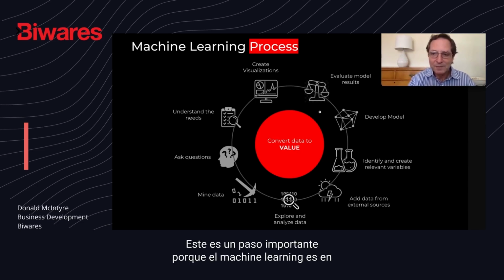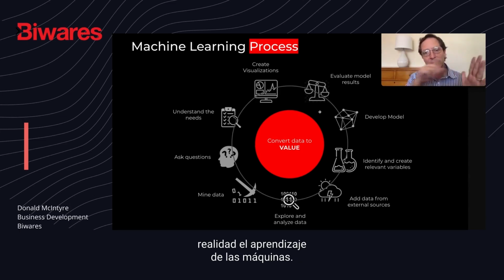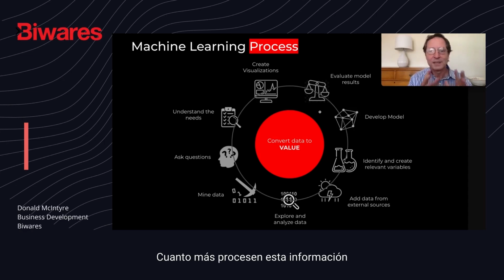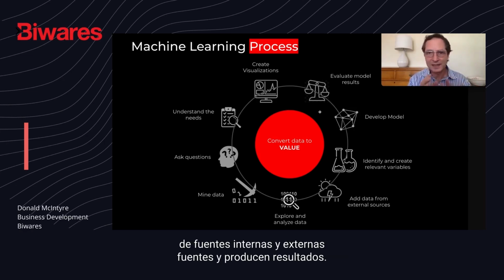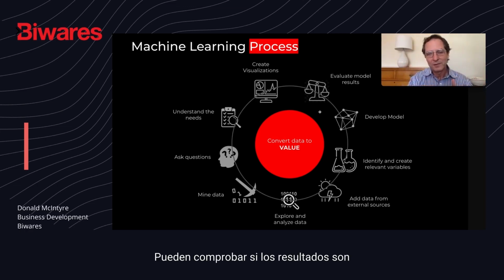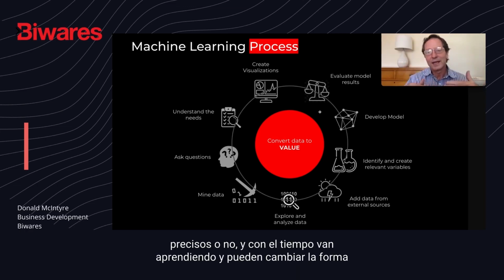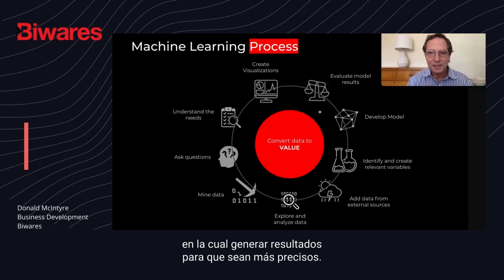That is an important step, because machine learning is actual learning. The more the machines process information from internal and external sources and produce results, the more they can check whether the results are accurate or not, and with time they go on learning and can change the way they generate results to make them more accurate.